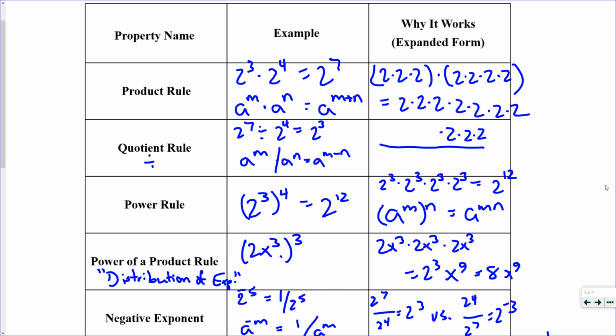The same thing happens with exponent rules. The more you understand why the rule is, why we add exponents, why we subtract exponents, why we multiply exponents in the situations that we do, the far easier it is to just do them and to know to do them because you understand the why.